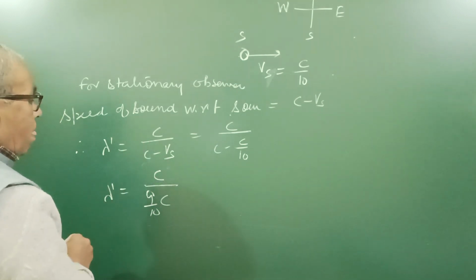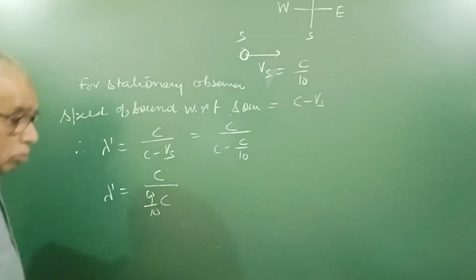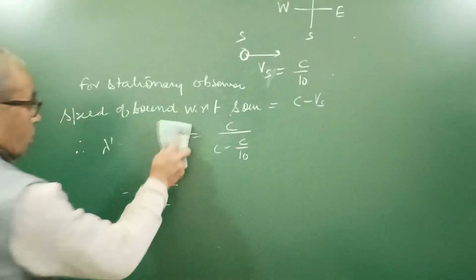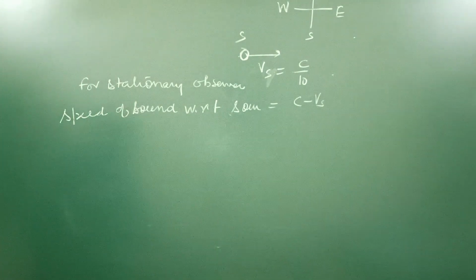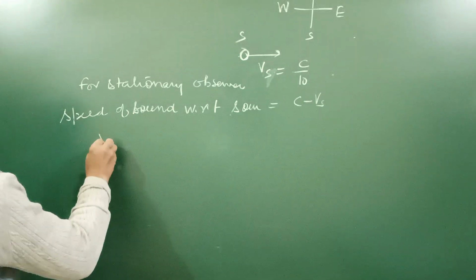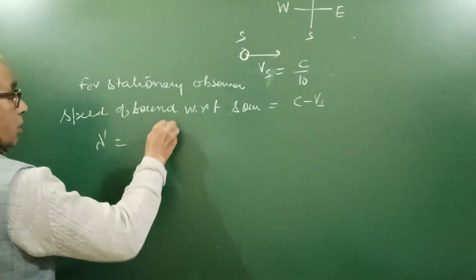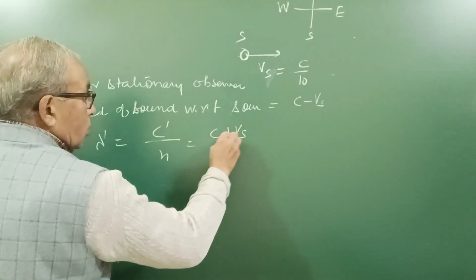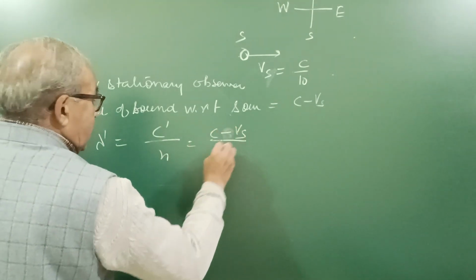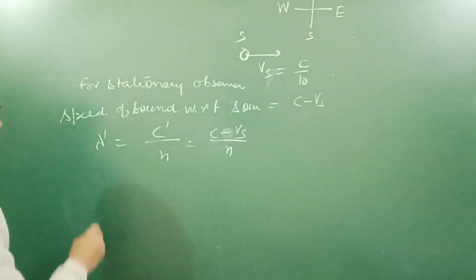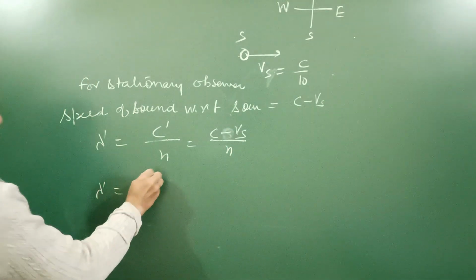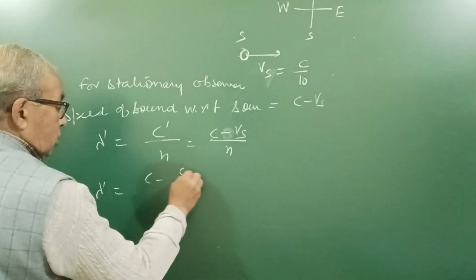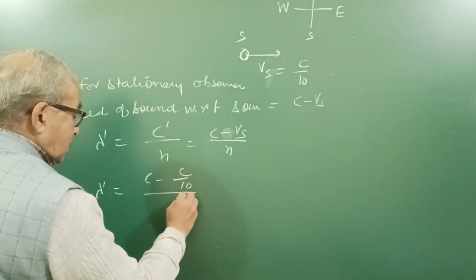Oh, sorry. Lambda dash to c by n हो गया, दिमाग खराब हो गया. Sorry बच्चों. Lambda dash equals c dash upon n, यानी कि c minus Vs upon n. तो lambda dash equal to c minus c by 10 upon n.